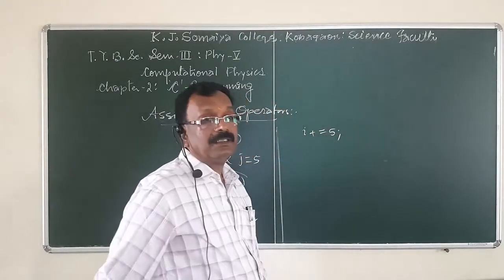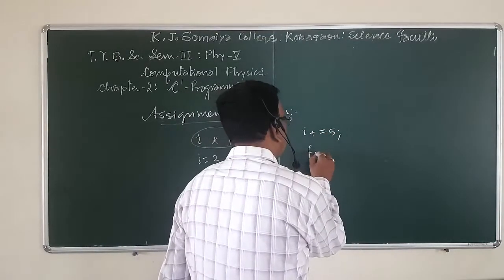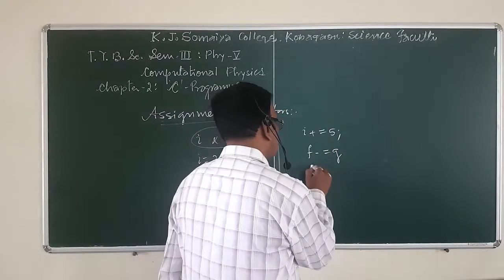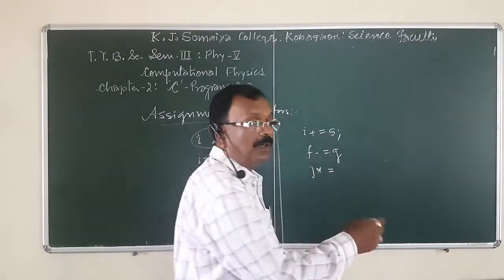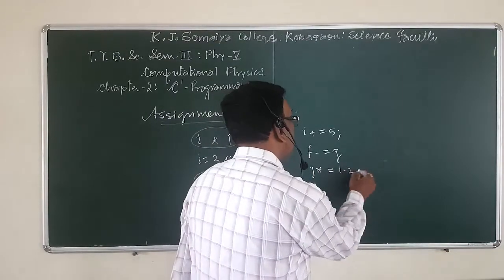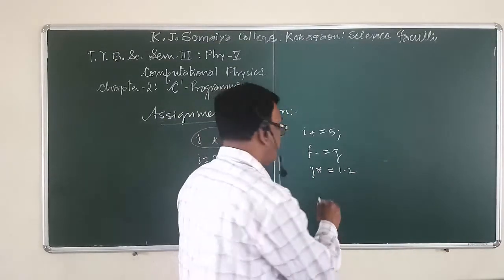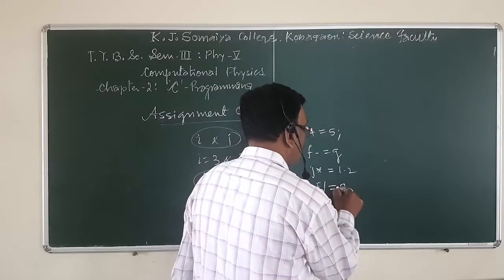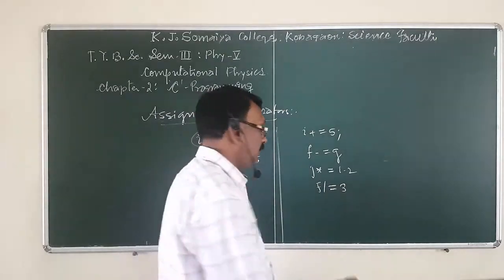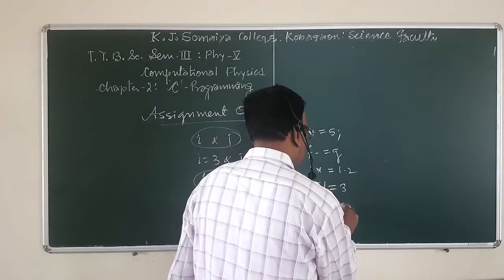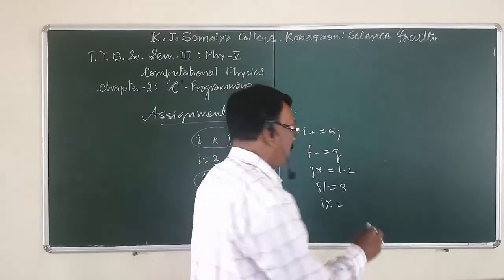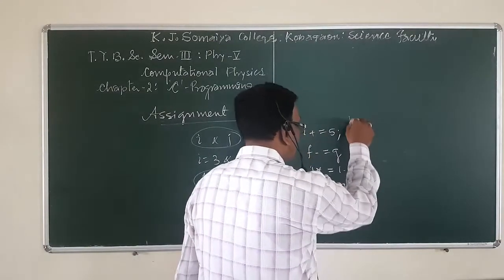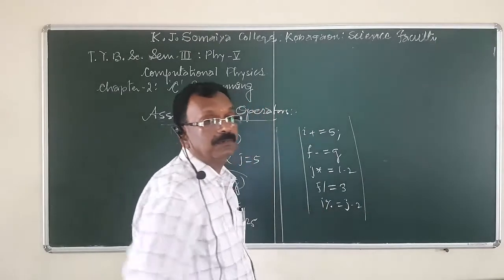Take the second expression, f minus is equal to g. Take the third expression, j into is equal to i minus 2. Then take one more expression, f divide is equal to 3. And the last expression, i modulo is equal to j minus 2. These are different types of expressions.